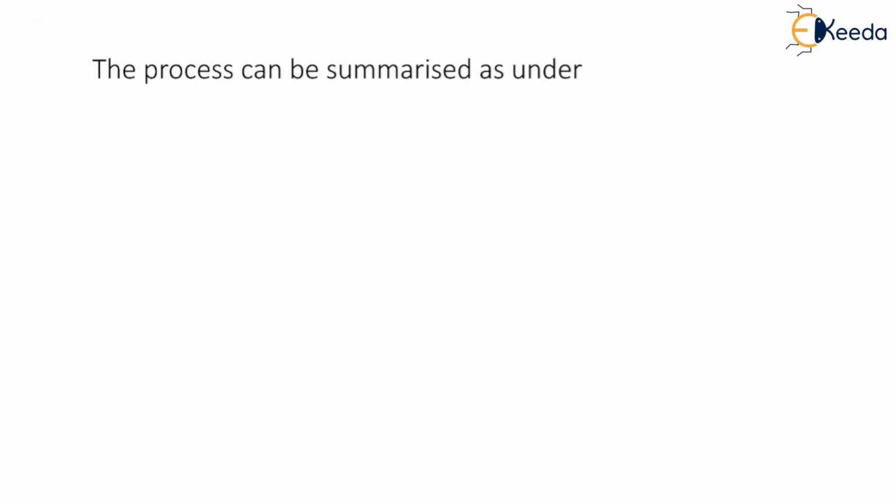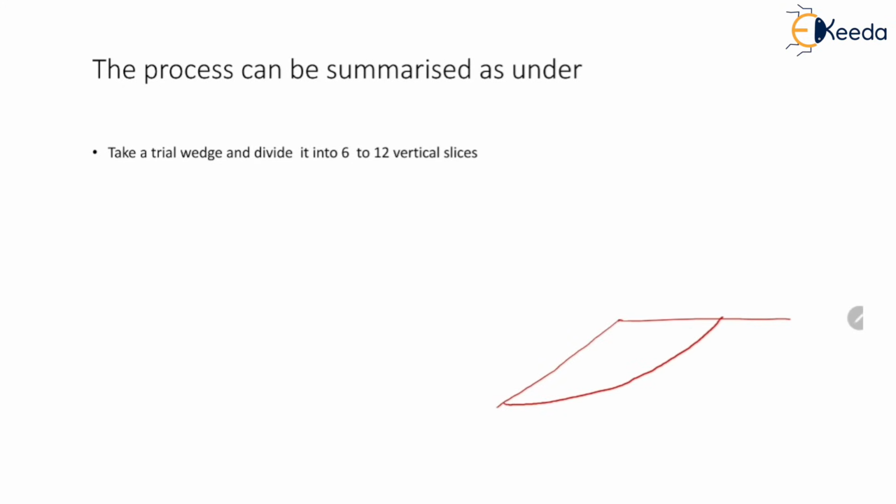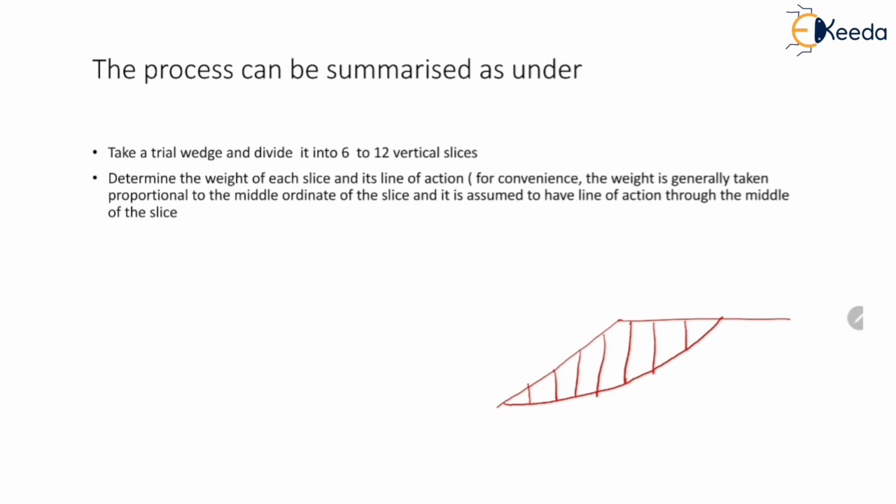In short, the process to determine the factor of safety using the Swedish circle method can be summarized as under. The first step is to take a trial wedge and divide it into 6 to 12 vertical slices. So this is the trial failure surface, and the wedge so formed is divided into 6 to 12 vertical slices. The next step is to determine the weight of each slice and its line of action.